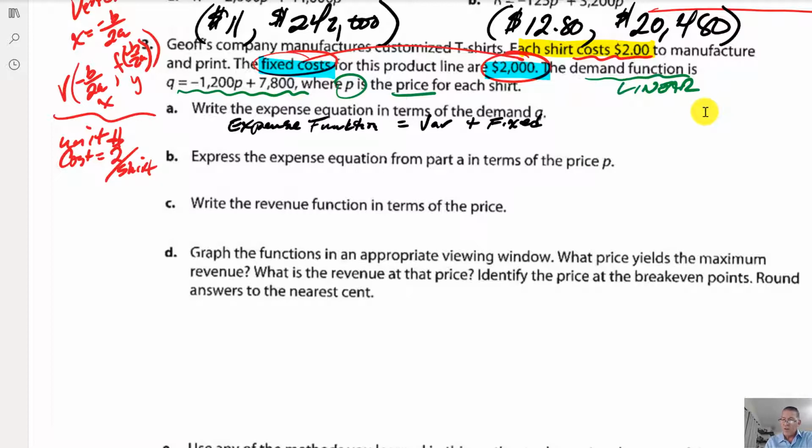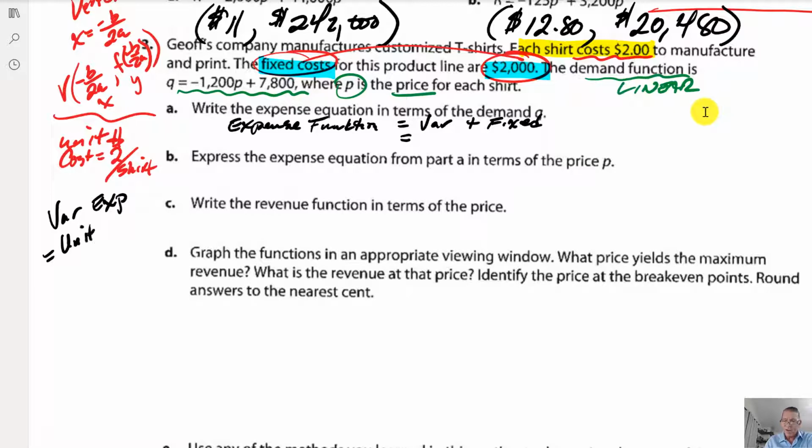Each shirt that is produced costs $2 to make. So we need to take our unit cost times the quantity, because we were talking about earlier in a previous lesson that the variable expenses is always equal to our unit cost times quantity, Q.